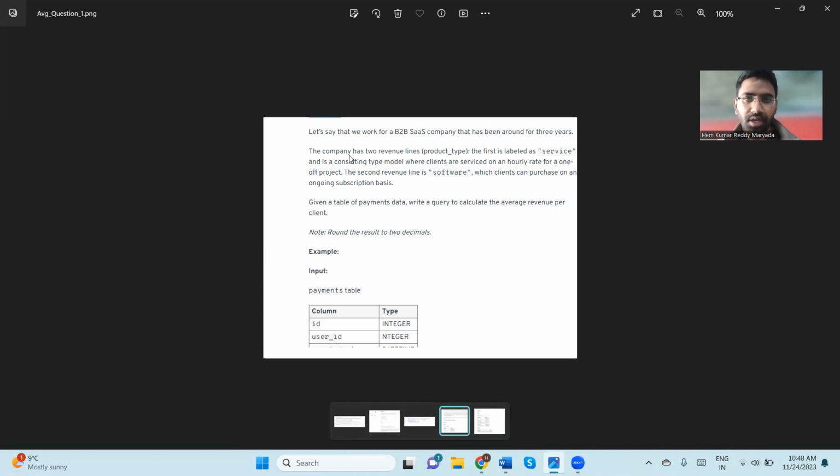The company has two revenue lines, that is, product lines. So there is a column called product line. In that there are two distinct values, or categories: one is service and the other is software.